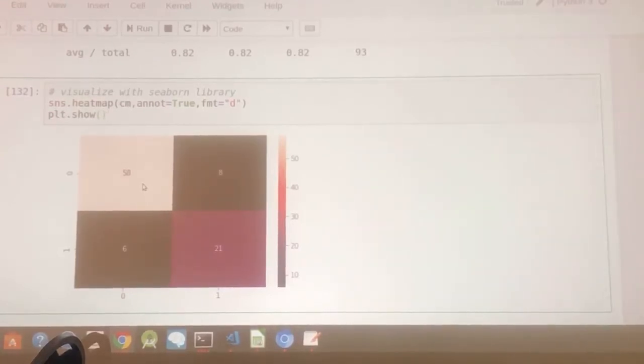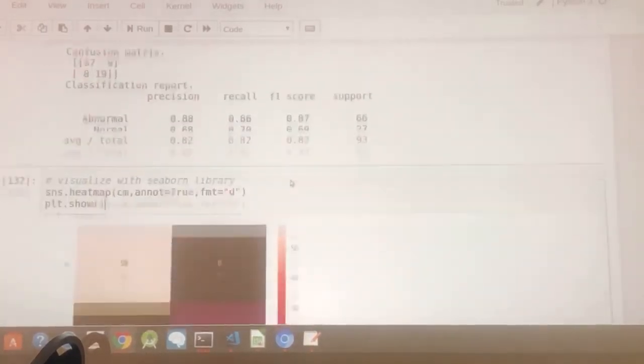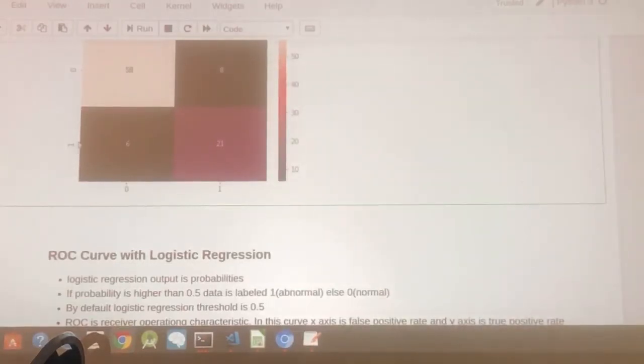Anyone, why might it be very important to look at other things except accuracy, especially in this data set? It's sensitive. Okay, so let me explain this a bit. 0 being normal, 1 being abnormal, right? Maybe I could be making a mistake, it could be vice versa, 1 being normal, 0 being abnormal.